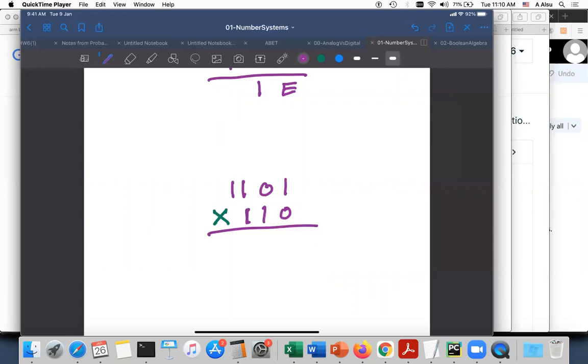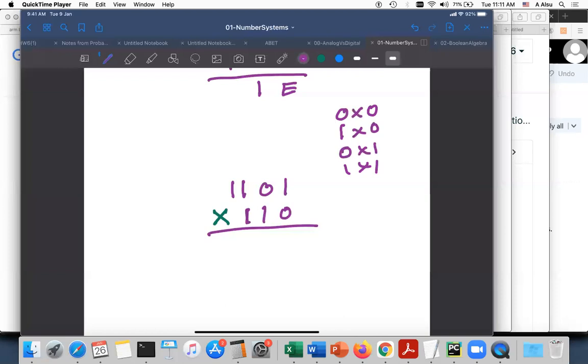So it's much easier to multiply in binary than decimal. There is no requirement of memorizing a binary multiplication table. The only thing that you need to memorize is 0 times 0, 1 times 0, 0 times 1 and 1 times 1. That's it. And you already know how to do that, right?